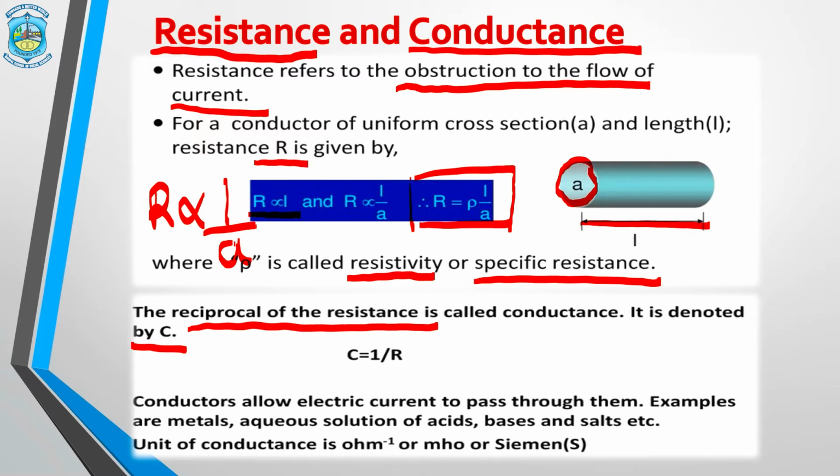The units of conductance are ohm inverse, mhos, or SI unit is Siemen.